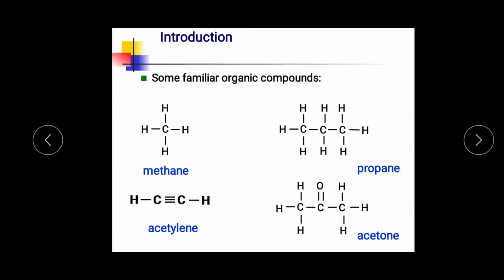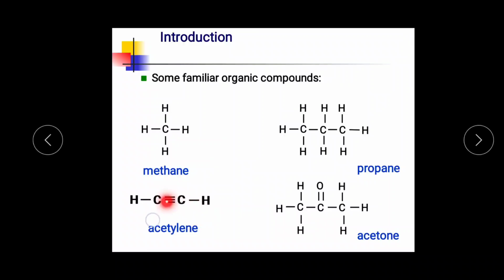As you can see, the simplest alkane structure is methane. It is composed of only one carbon, and there are 4 hydrogens attached or bonded to it. Then we have propane, 3 carbons. Then this structure has a triple bond.